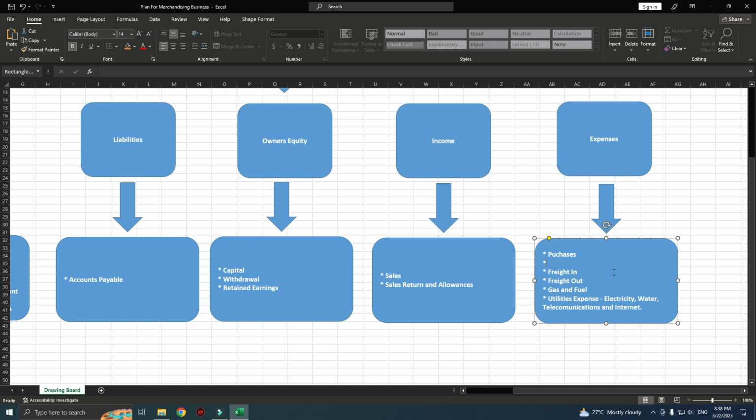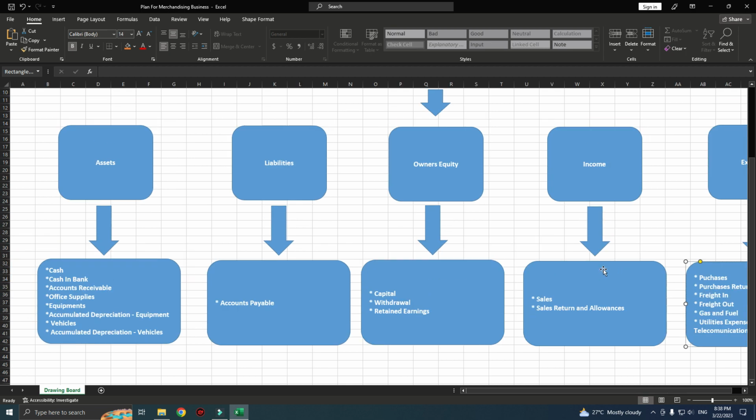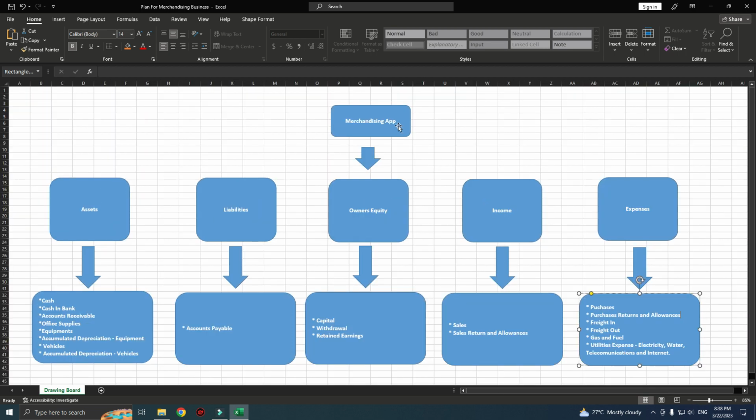And also we have a contra purchase account, which is purchases returns and allowances. Now looking at this picture, we have now the basics.